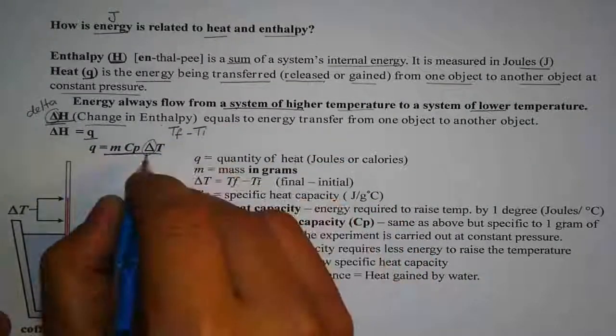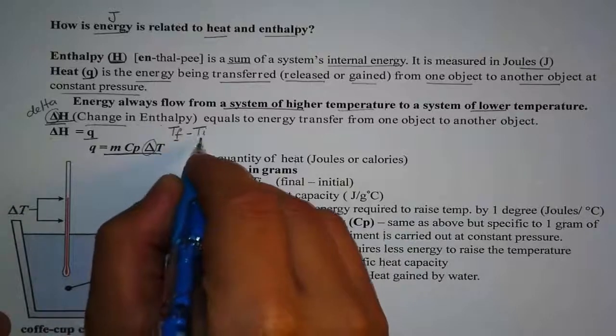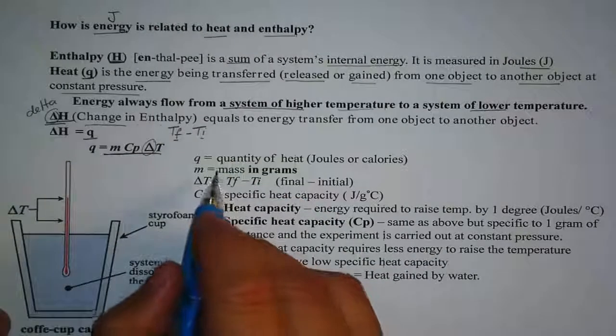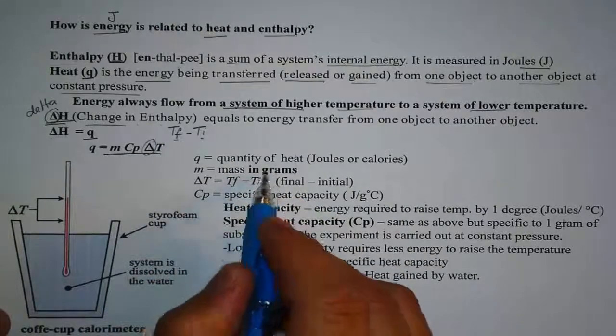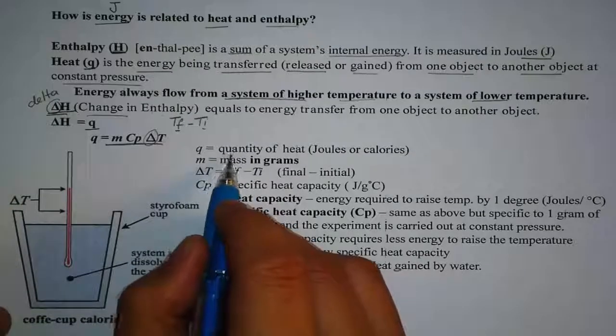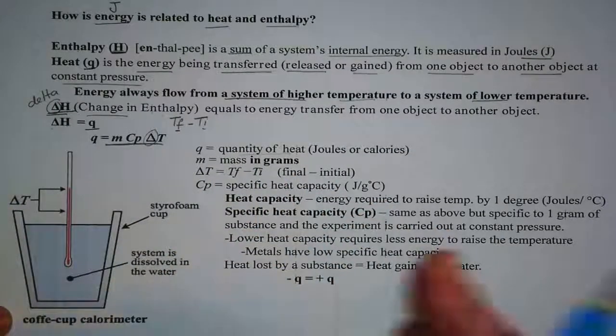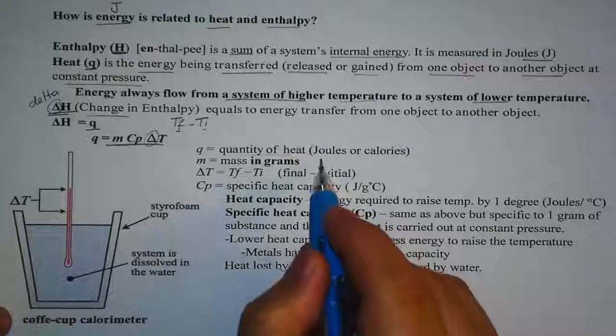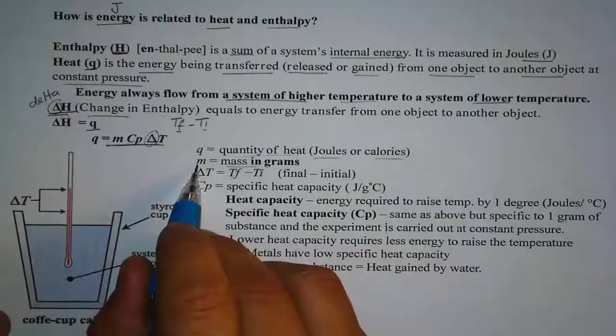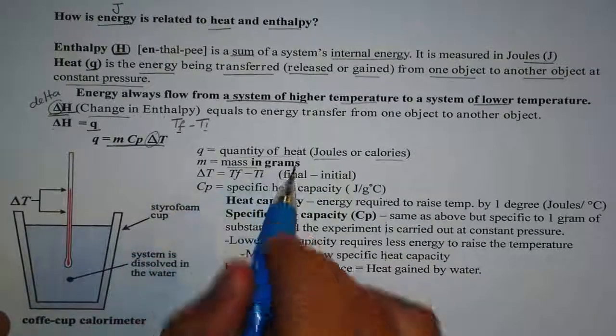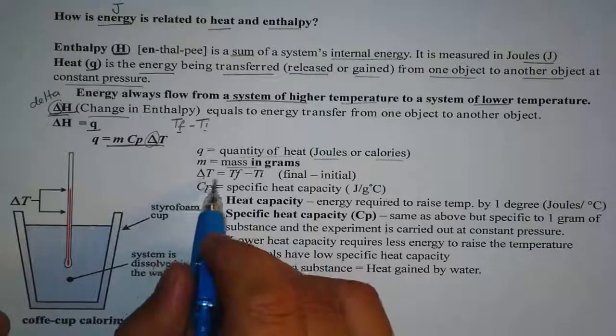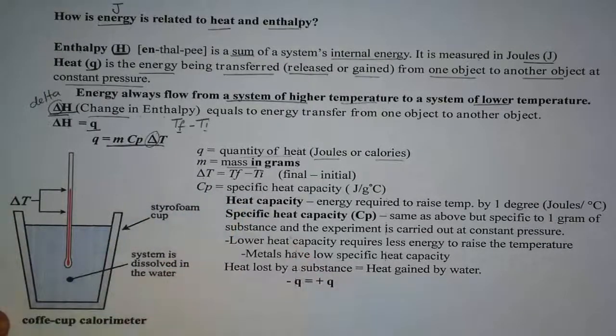So every time you see delta T, always think of final minus initial. I further describe them here. Q is the quantity of heat, the energy being transferred, measured in joules or calories. M is mass in grams. And delta T is T final minus T initial.